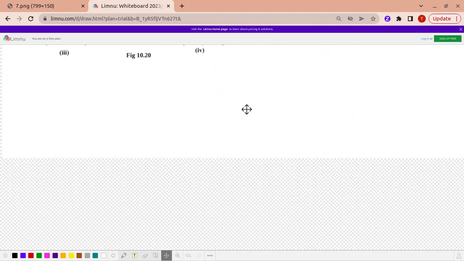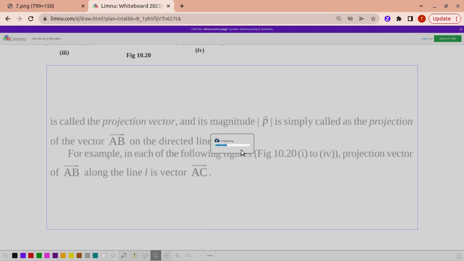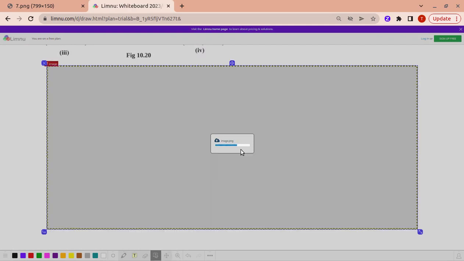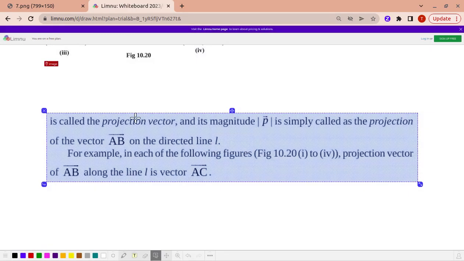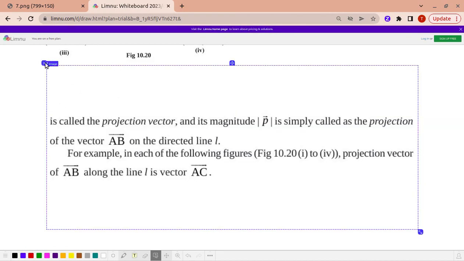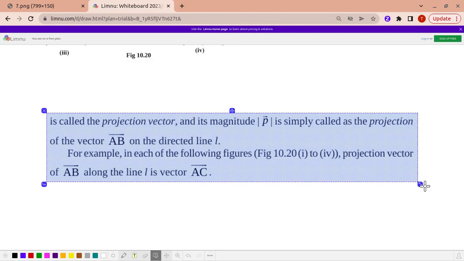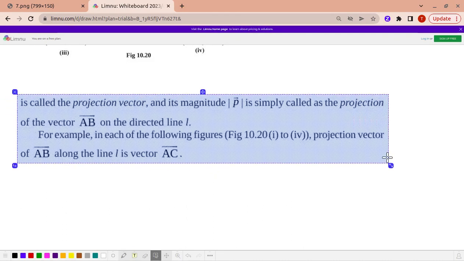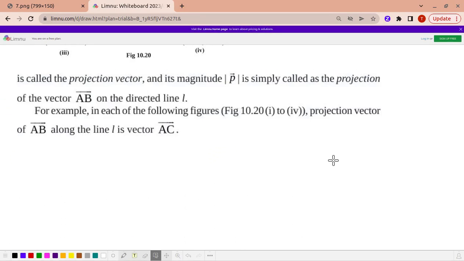Okay, so its magnitude, mod P, is simply called the projection of the vector AB on the directed line L. That is, the projection of the vector AB on the directed line L.